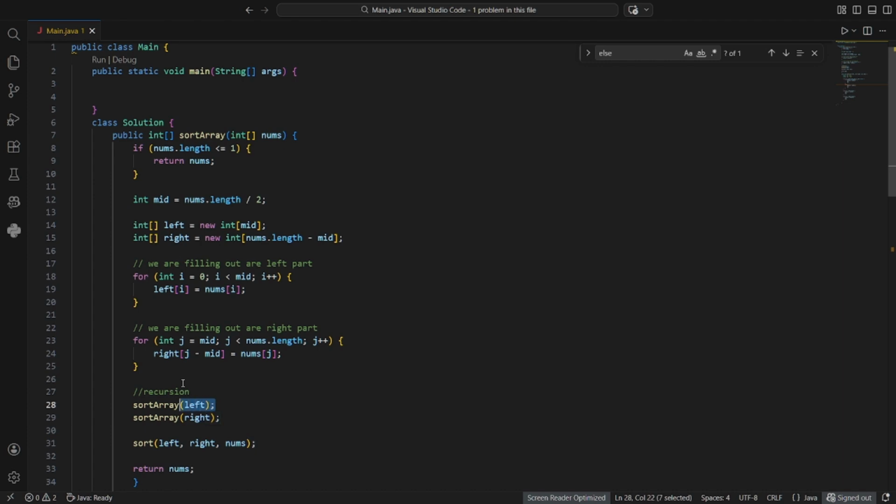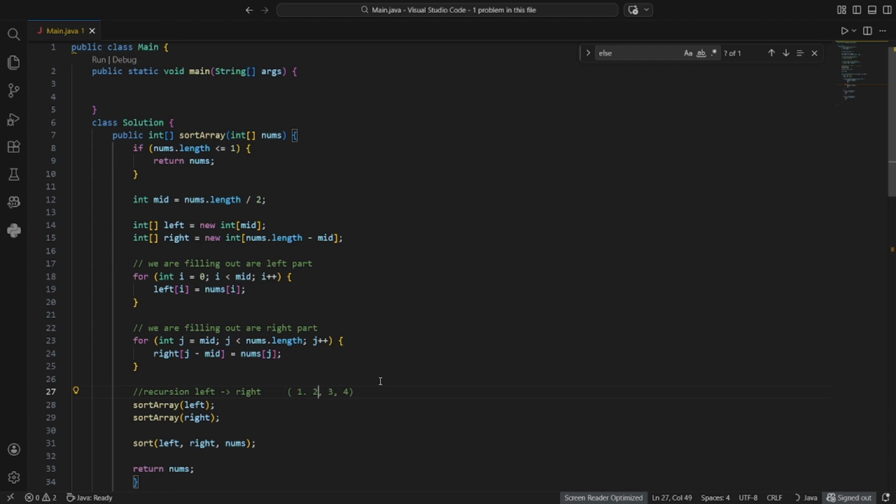The reason I always said the left part is going to run before the right part is because of how we call this. Let's just say we have 1, 2, 3, 4.